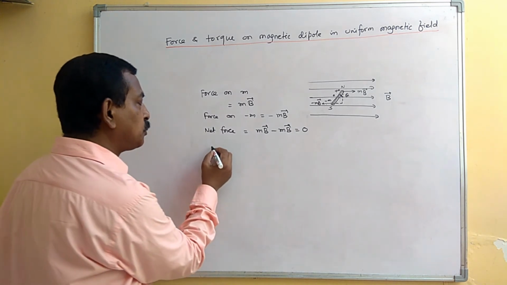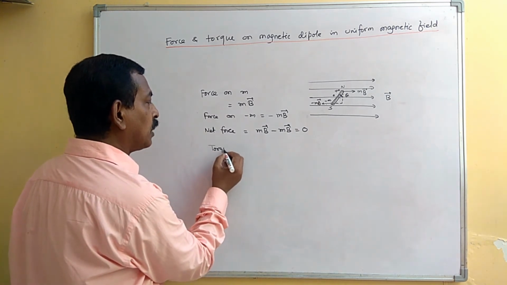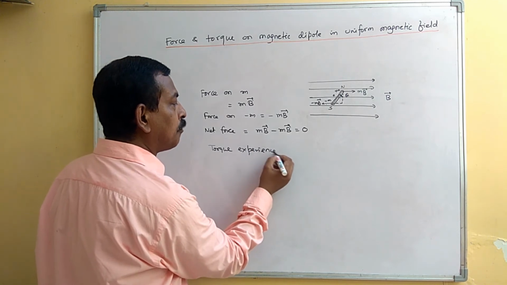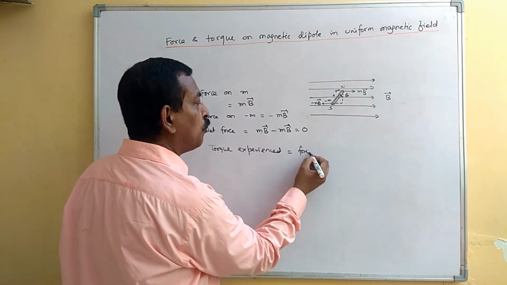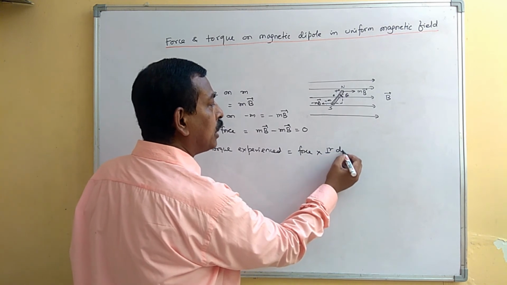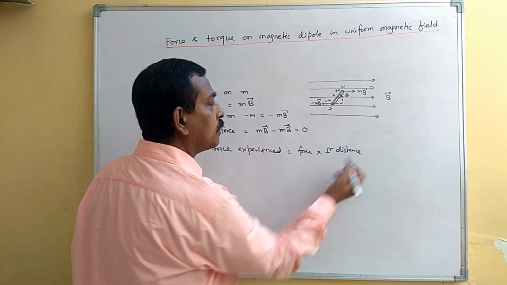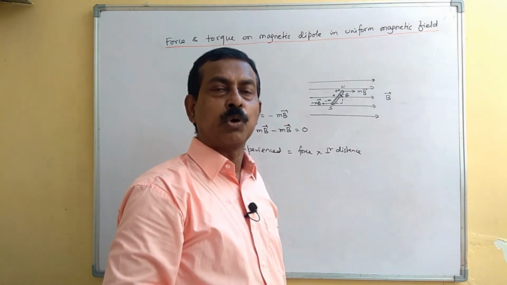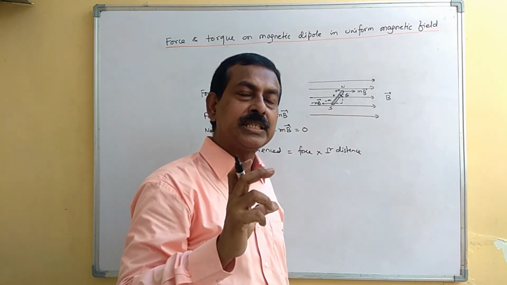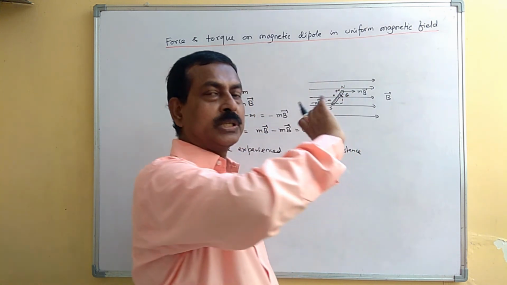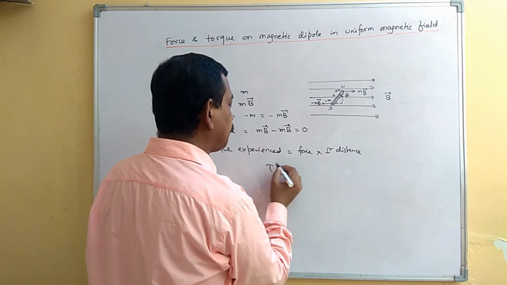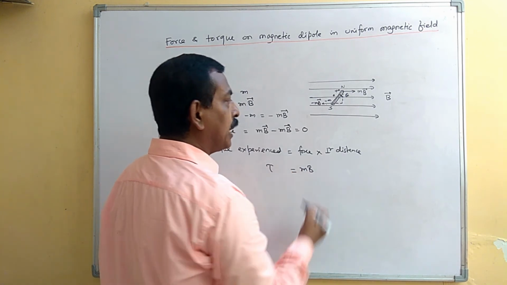So the torque experienced will be equal to force into perpendicular distance. It is a couple being produced there because you have two equal and opposite forces acting at the two ends, so it can produce a turning effect. So this torque is equal to the force mB.